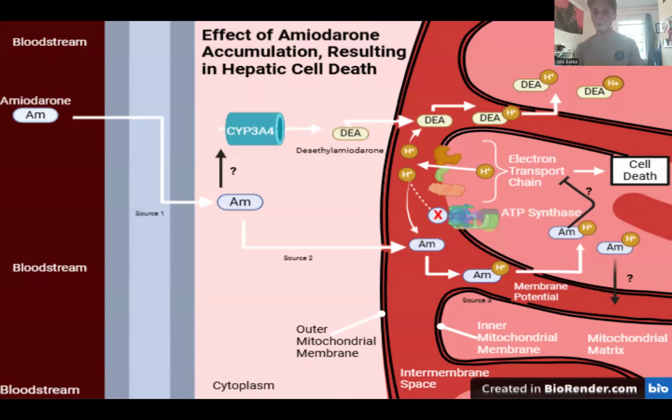Now, this is where my research happened. It's not entirely known how amiodarone causes this inhibition of the electron transport chain, but I am led to believe it's due to the disruption of the proton gradient with the hydrogen binding.